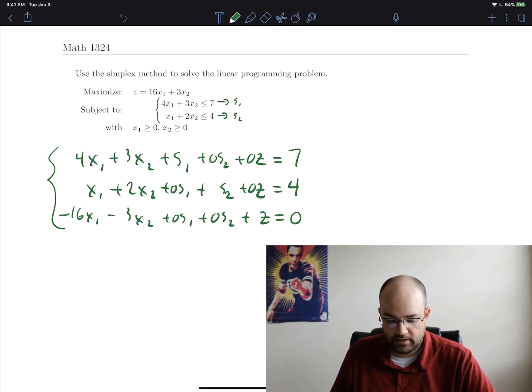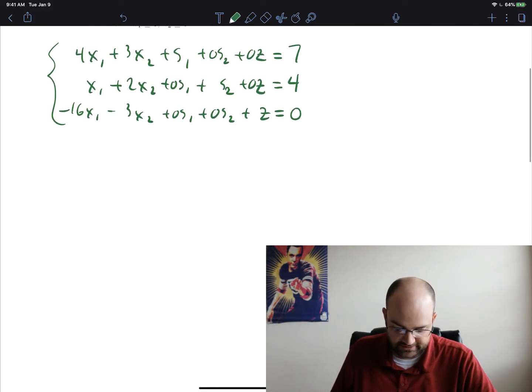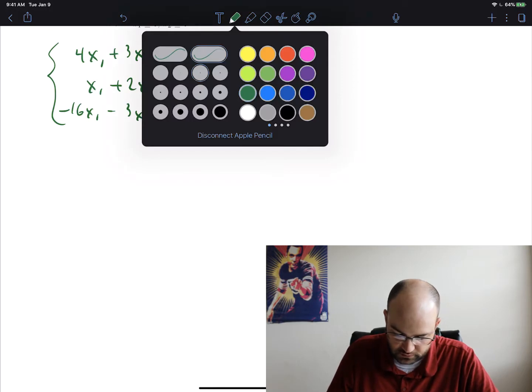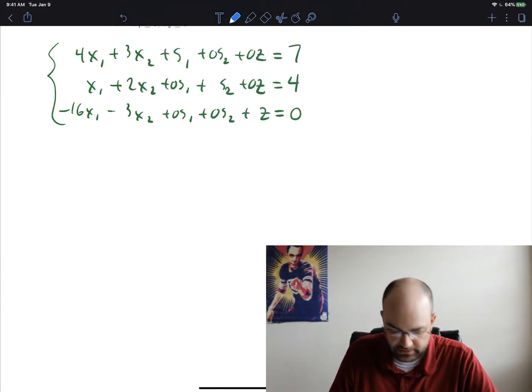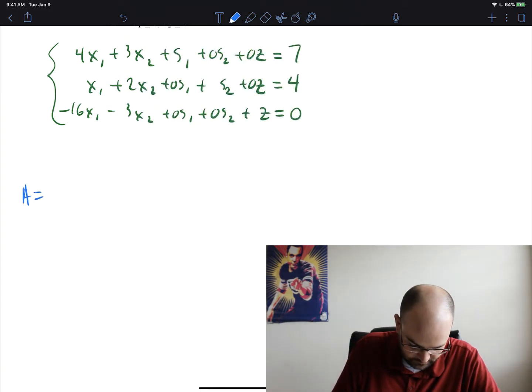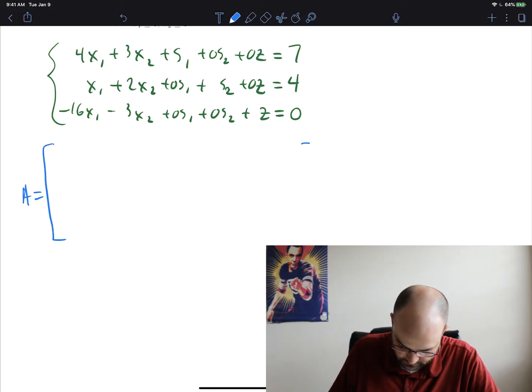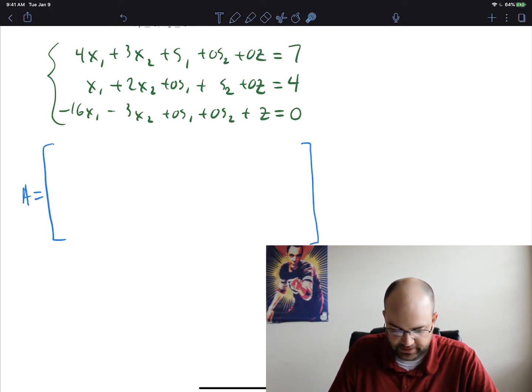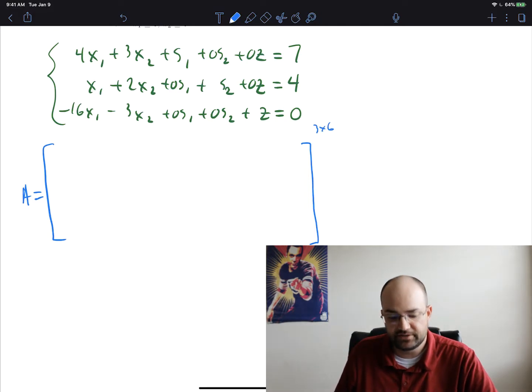Outstanding. And to create the actual initial simplex tableau, we simply need to put this into a matrix. Just a reminder, 1, 2, 3 rows, 1, 2, 3, 4, 5, 6 columns. So this will be a 3 by 6 matrix.